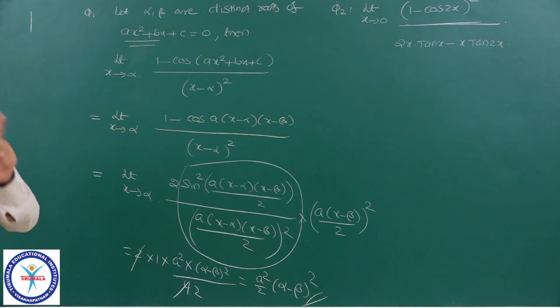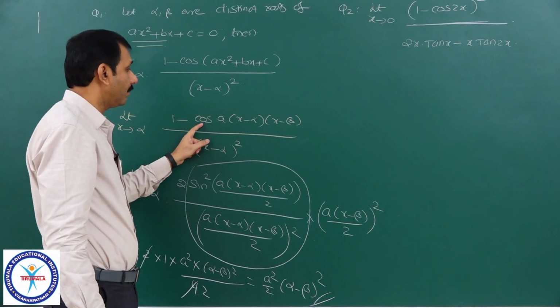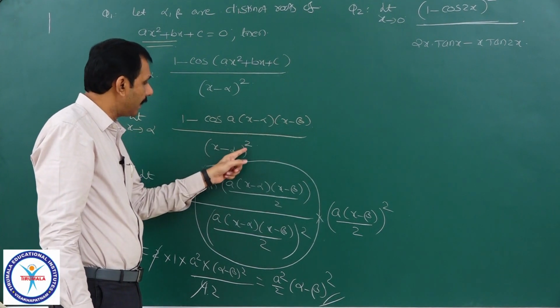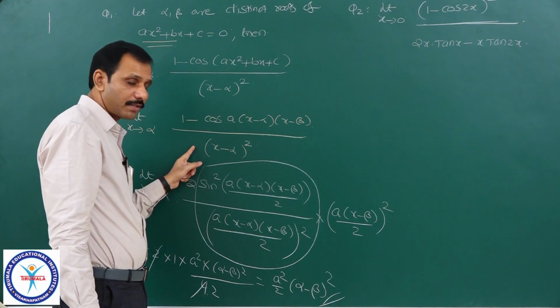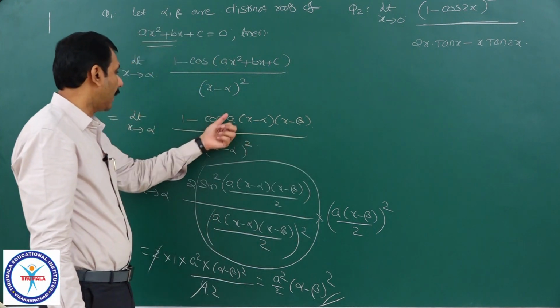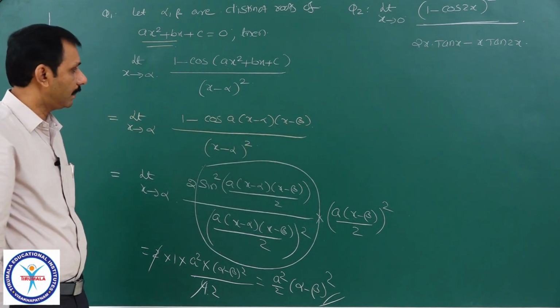Of course, you can even use 1 minus cos lambda x by x square. Here also you write x minus beta whole square into a square. Here also a square into x minus beta whole square. Lambda square by 2 I will write as the value.